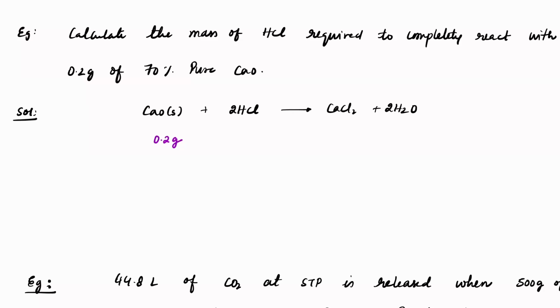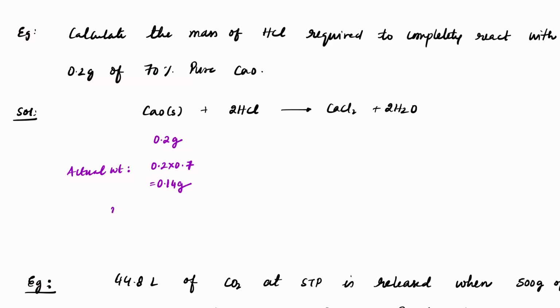If I check out the percentage, the actual mass will be 0.2 multiplied by 0.7. So that makes it 0.14 grams. So this much is the weight of calcium oxide.